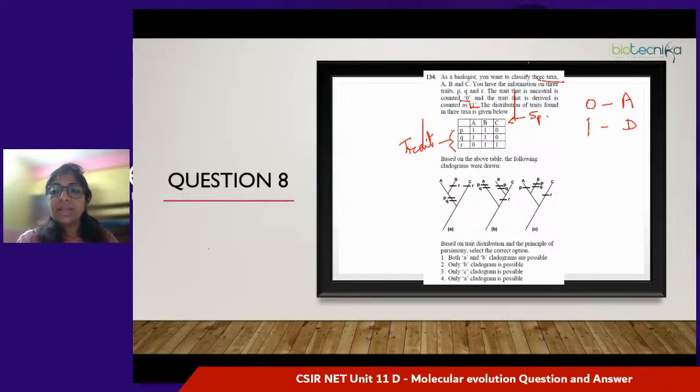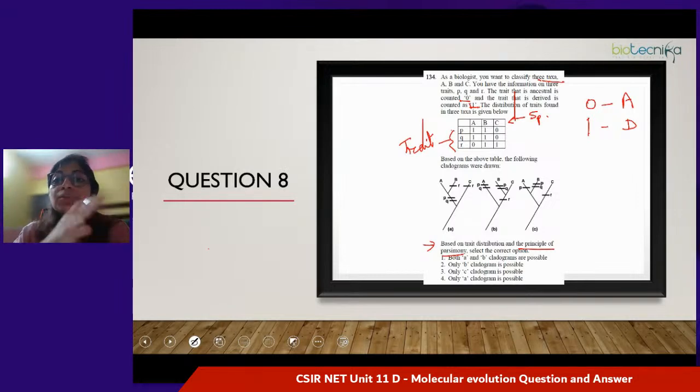Okay, so when we have to find out the most probable tree. Okay, and for that we also have to consider the distribution of traits given. Based on the above table, the following cladograms are drawn. Based on the trait distribution and the principle of parsimony, select the correct option. Okay, so a correct phylogenetic tree, how do we decide?